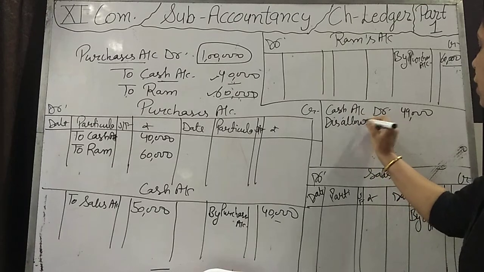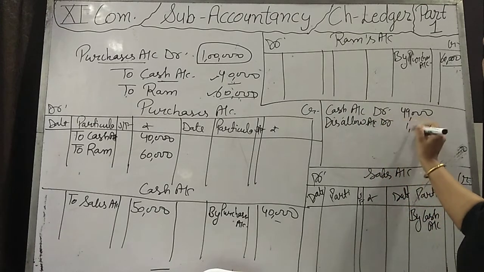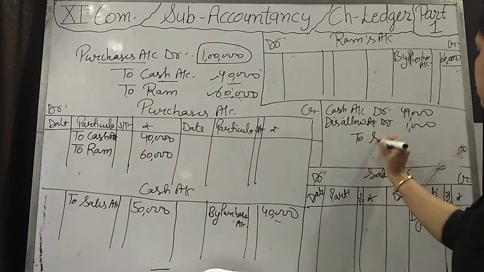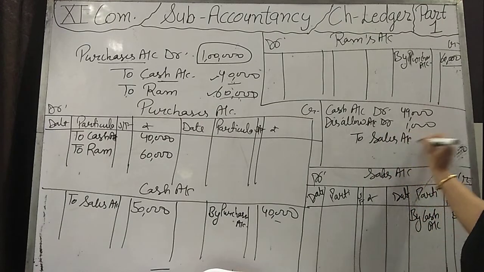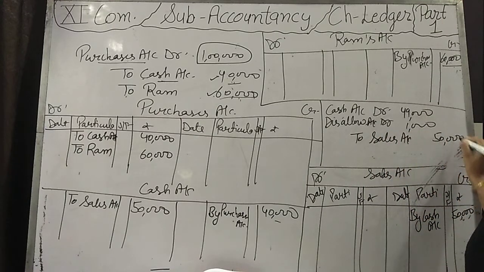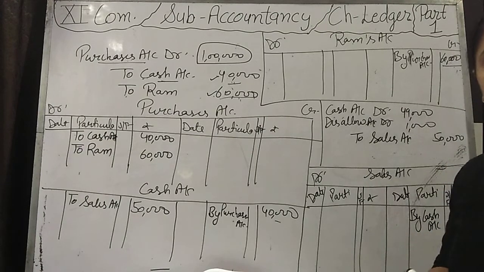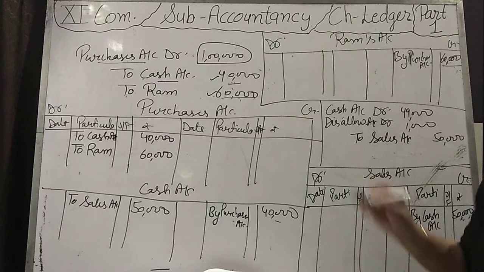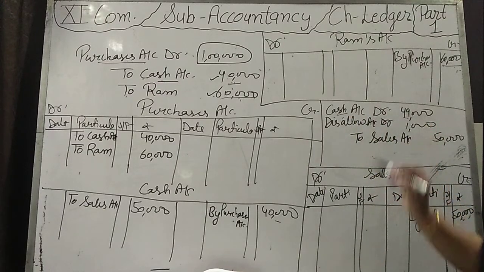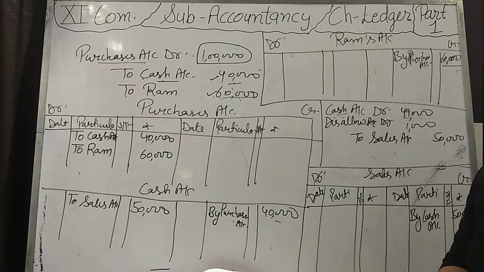Discount allowed account debit 1,000. To sales account 50,000. है ना? ये जर्नल एंट्री पास करते हैं. When we sell the goods on discount, then we will receive the cash less. Discount काट के हमें cash मिलेगा.